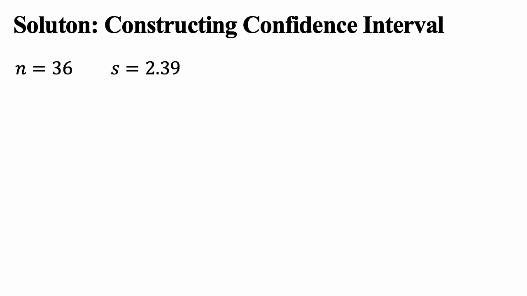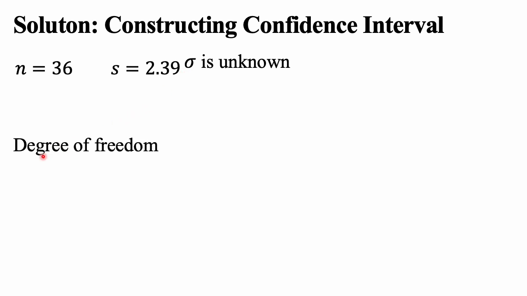Sample size is 36, sample standard deviation 2.39, which means we don't know the population standard deviation. So we have to use the t distribution. First, we calculate degree of freedom. Degree of freedom is n minus 1. That's going to be 35. So find the critical point.